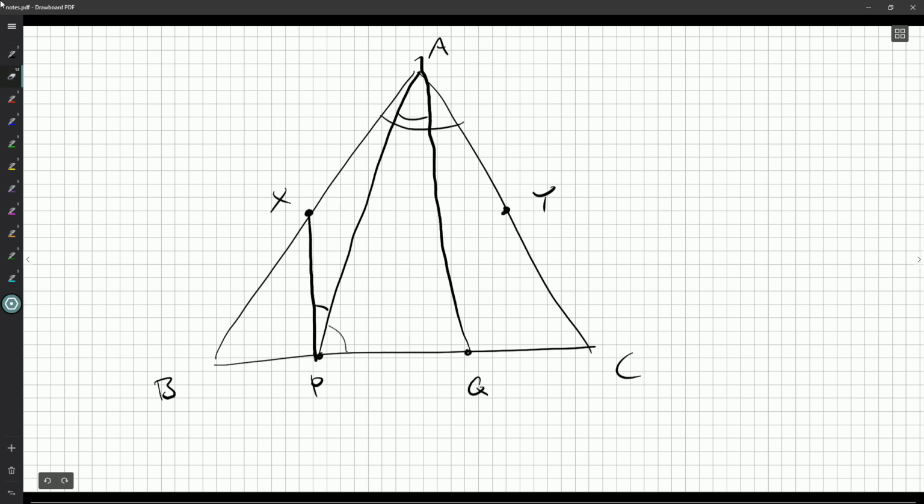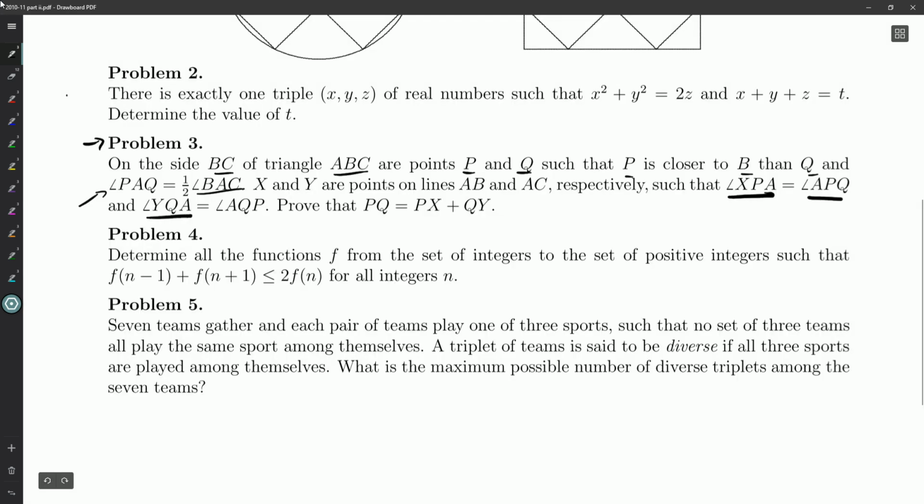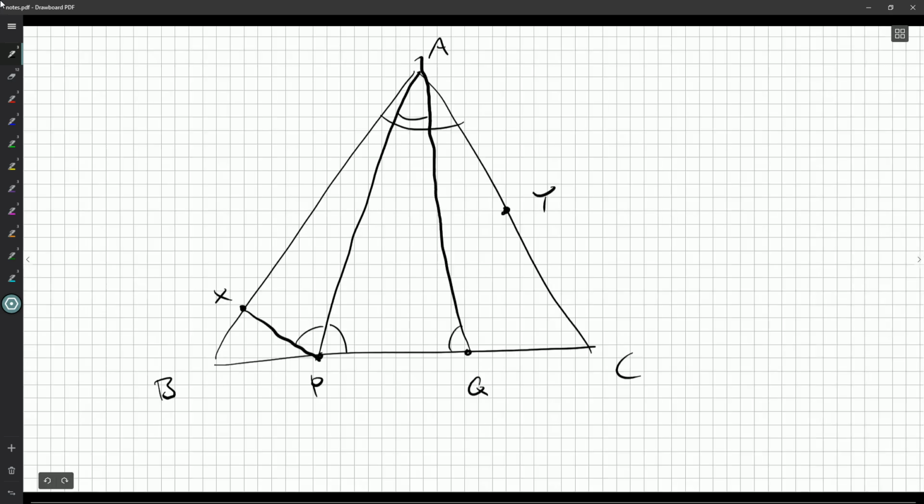Okay, let's redraw that so it's a little nicer. About this angle, so we'll say X is about here-ish. And YQA is AQP. This angle, so I guess we'll put Y about here.